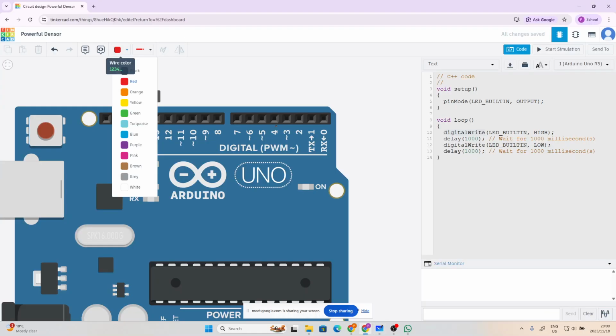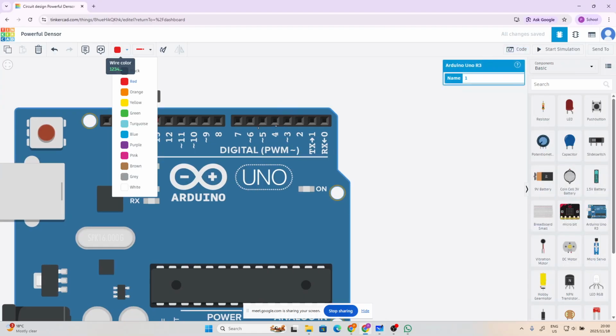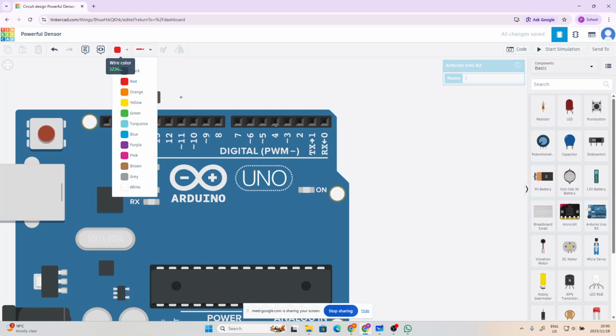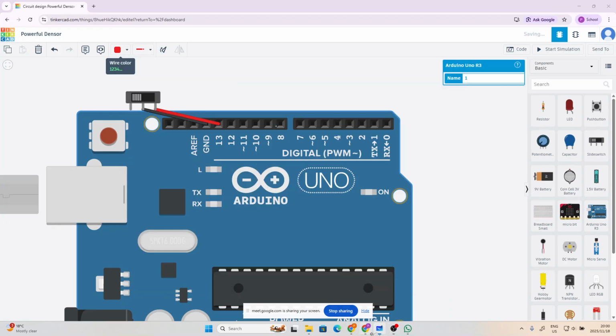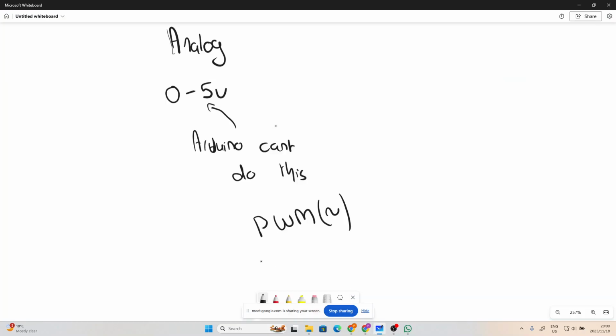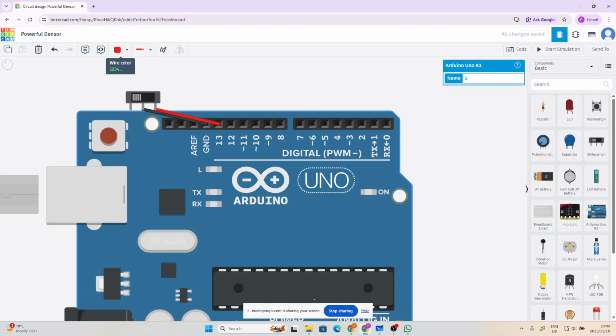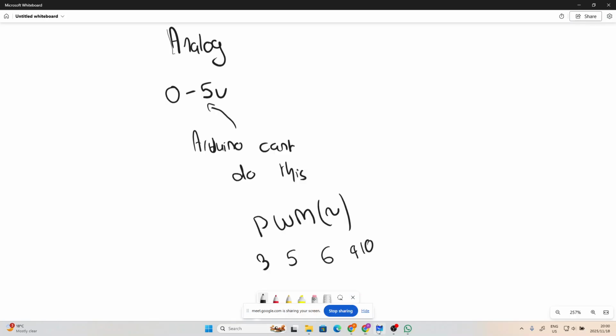Generally, the pins with the squiggly line are 3, 5, 6, 9, 10, 11. Those all have the squiggly lines.